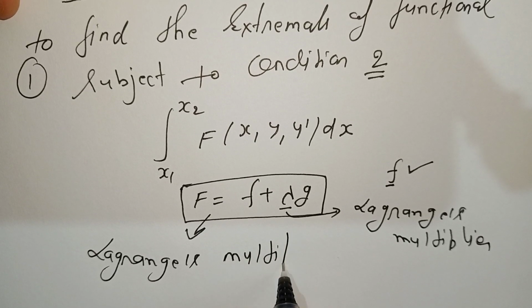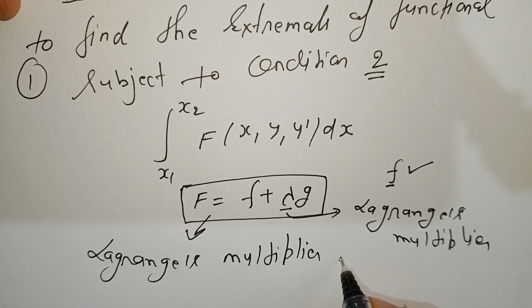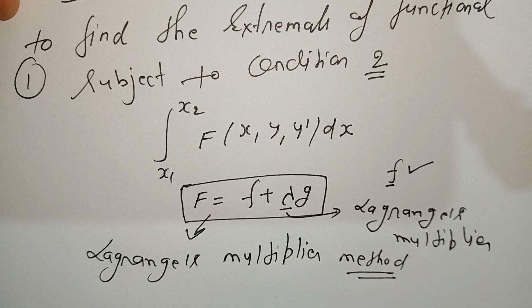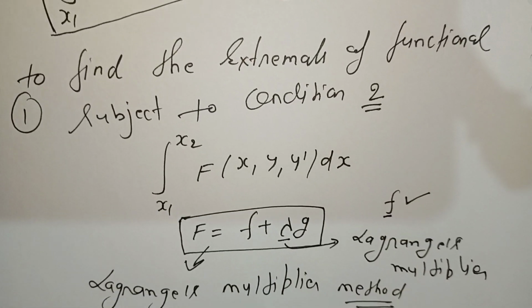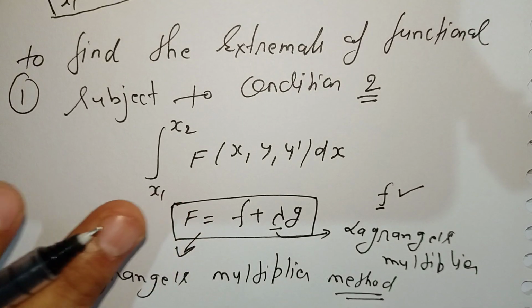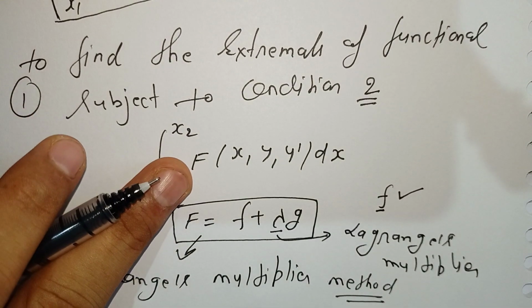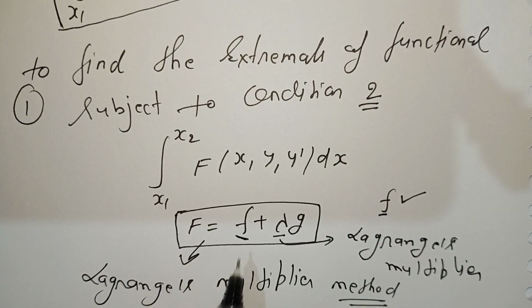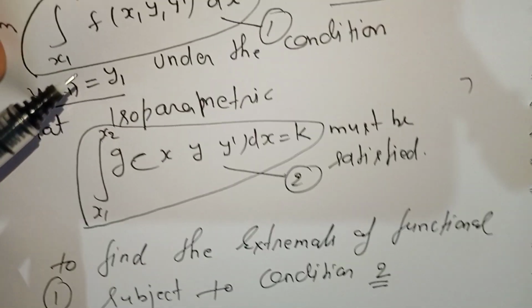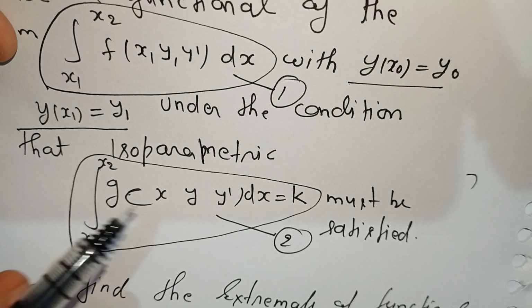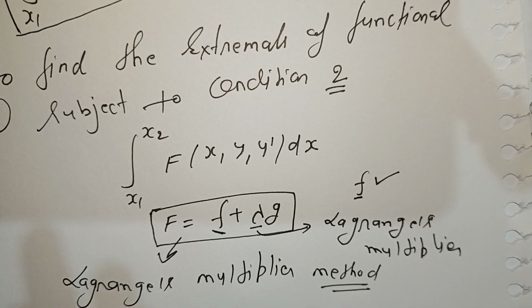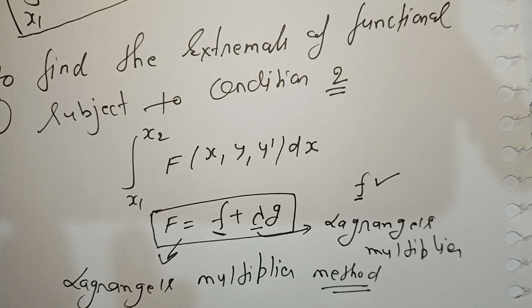So we need to extremize the functional integral x1 to x2 of capital F, where capital F is f plus lambda g, where f is coming from equation 1 and g is the given constraint. Okay, so let us see the working procedure, then we'll try to solve one problem.